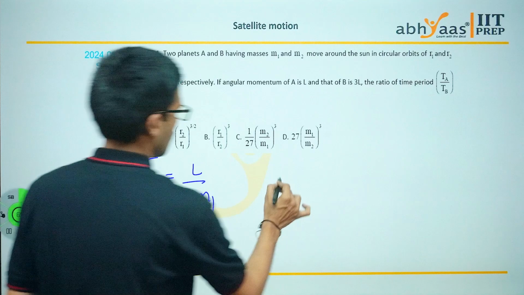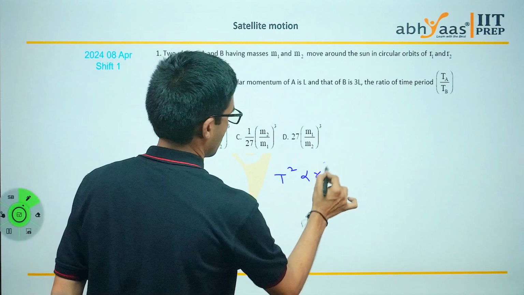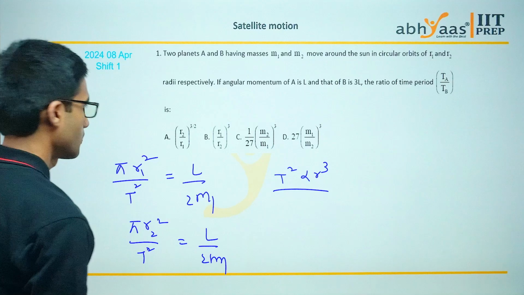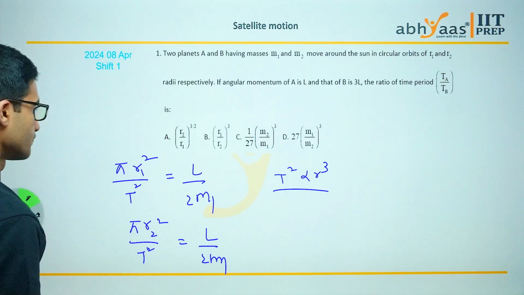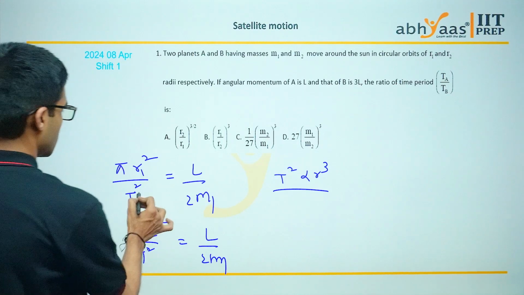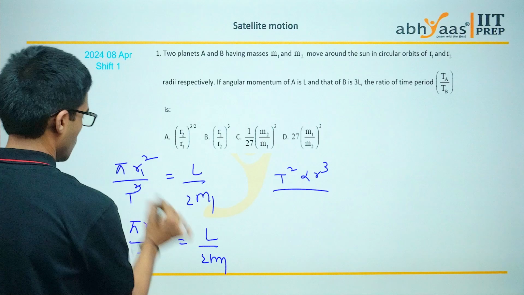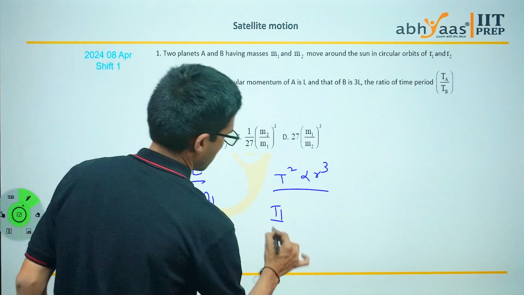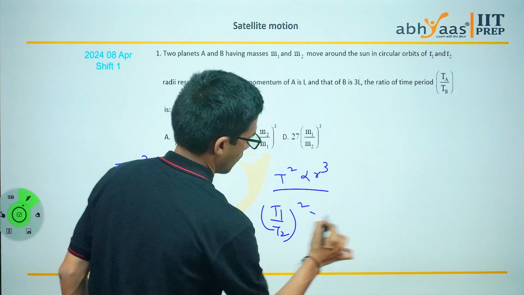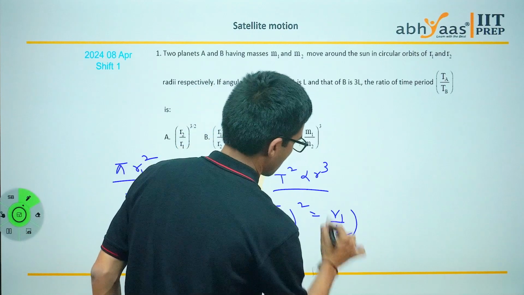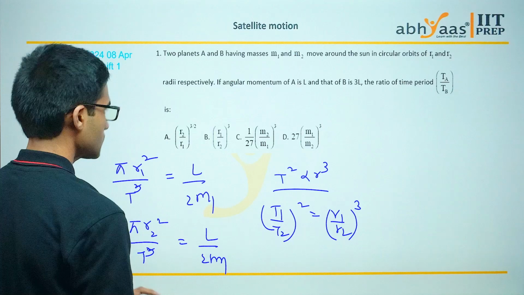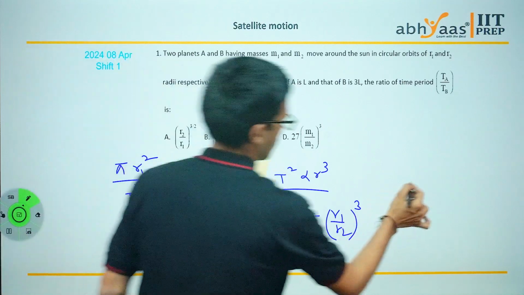Another one, you know, T square is proportional to r cube. If you try to solve these questions with these two, what you will get? This one is T1 by T2 square is equal to r1 by r2 cube. You just apply here, you will get the answer, mostly C.